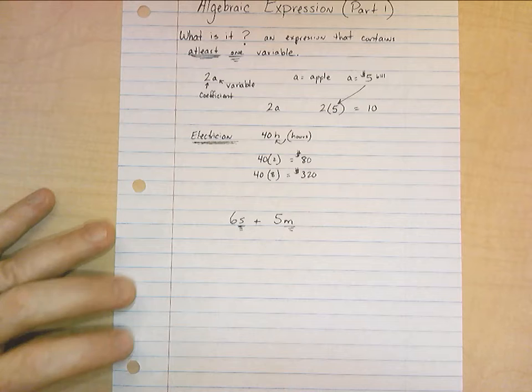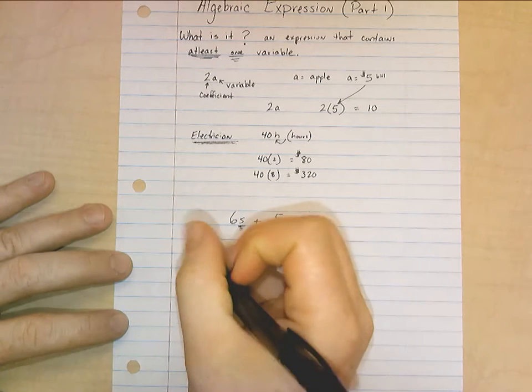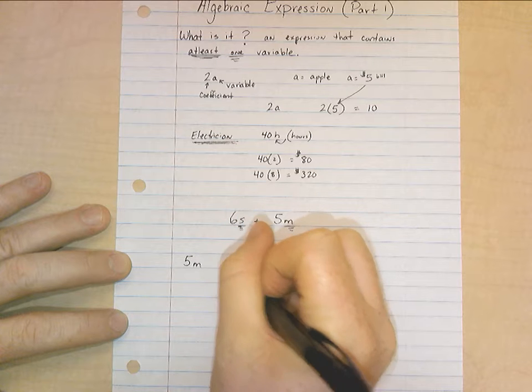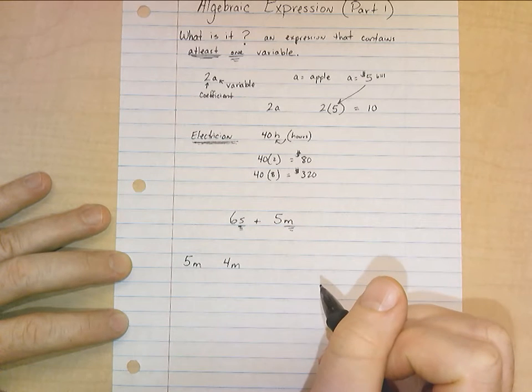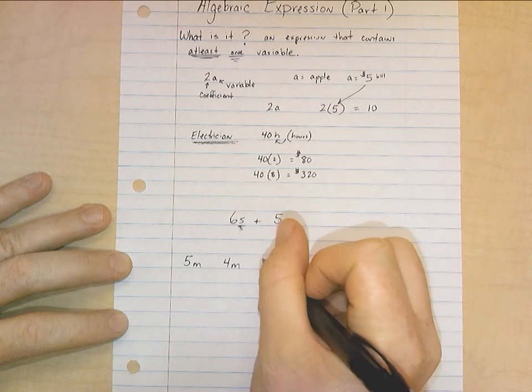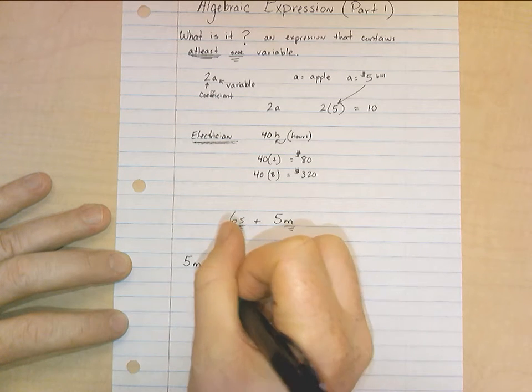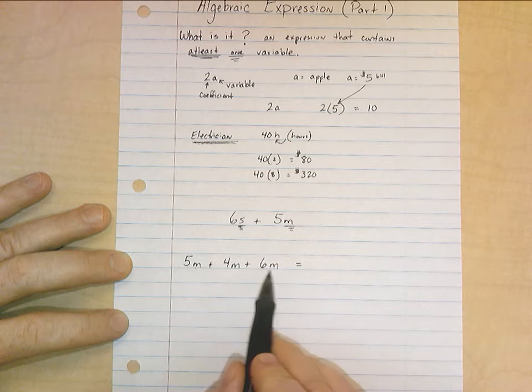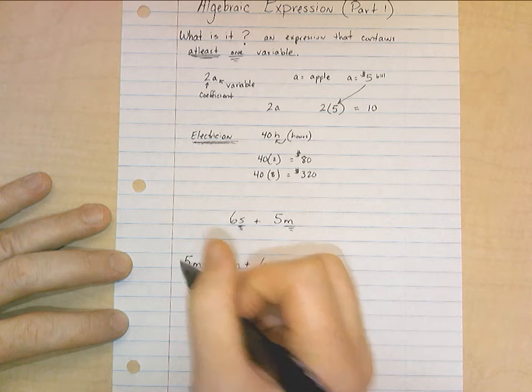If I said I had 5 M&Ms, another 4 M&Ms, and another 6 M&Ms, then in this situation, because they all had the same variable, we can go ahead and add the coefficients together.